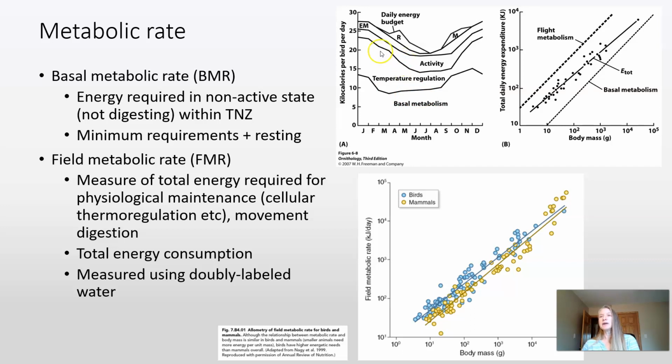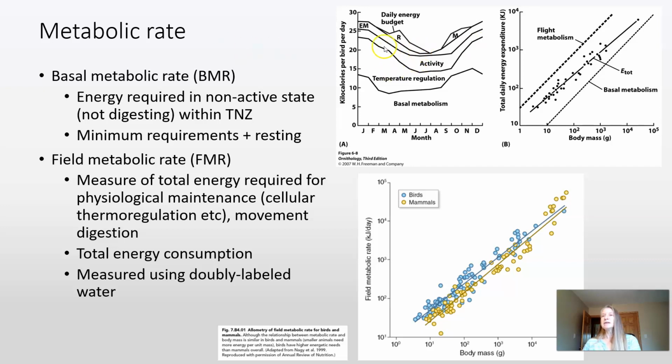When we think about temperature regulation, again, we see this line is temperature regulation. So higher energy spent in the colder months, lower energy spent whenever temperatures are more likely to be in the thermoneutral zone. And then again, more energy expenditure as temperatures come cooler.